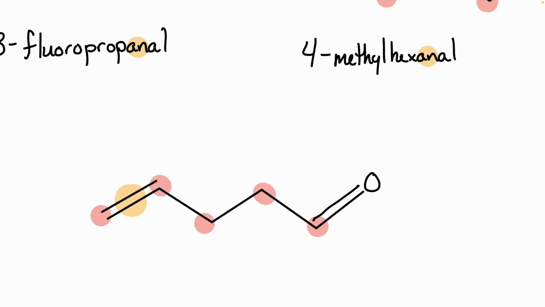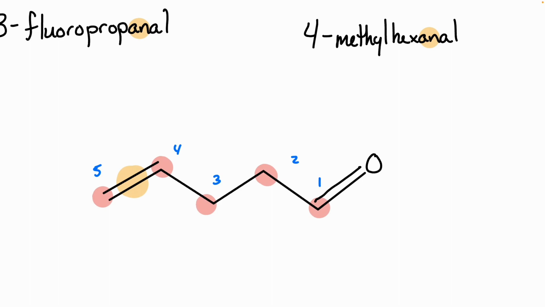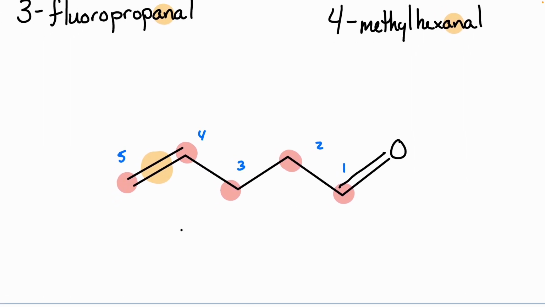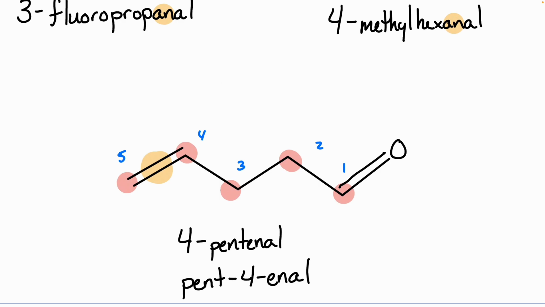If we figure out where that double bond is located, it's between carbons 4 and 5. Since there's only the one number, I can put it out front, 4-pentenal, but you could also build it into the name, pent-4-enal. But importantly, the name now includes the EN to indicate the presence of that double bond.